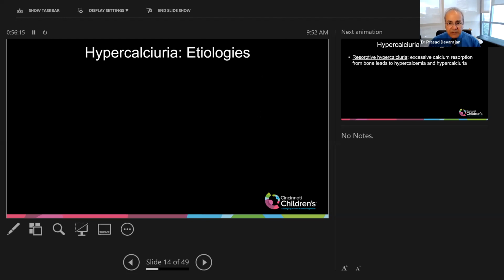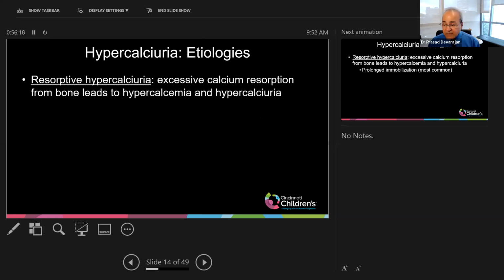And finally, resorptive. There's enormous amounts of calcium in bone, and when there's excessive calcium resorption from the bone, that leads to hypercalcemia and hypercalciuria. And the number one cause there, of course, is prolonged immobilization. Many of our children who are afflicted by serious neurologic disorders are largely confined to being immobile.